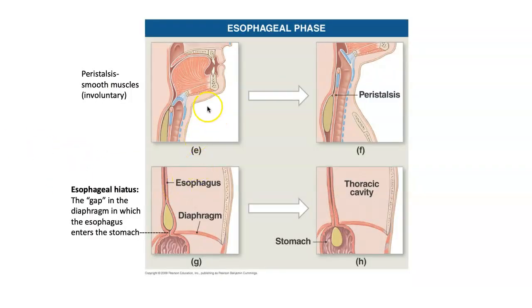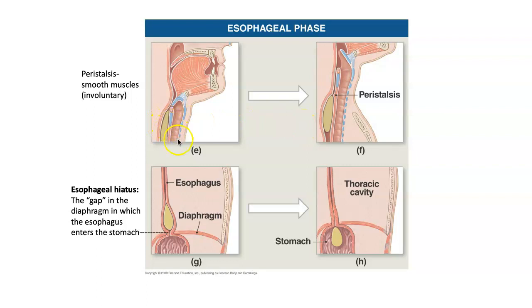Now, once we get into the esophagus, the food is now in the esophagus. The esophagus is a muscular tube that is just carrying that bolus of food down into the stomach. The interesting thing about the esophagus is the upper 1/3 is skeletal muscle.